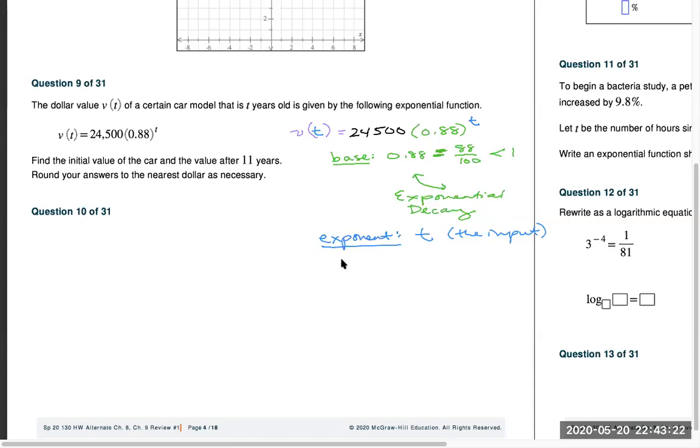And then I want you to know that we have a coefficient out in front of 24500. This is going to just stretch or shrink our graph. And then our function value is going to be the v evaluated at whichever t we put in.